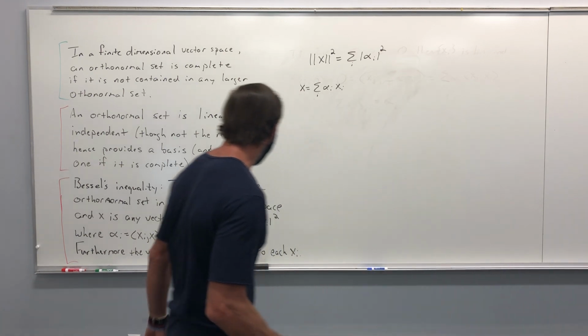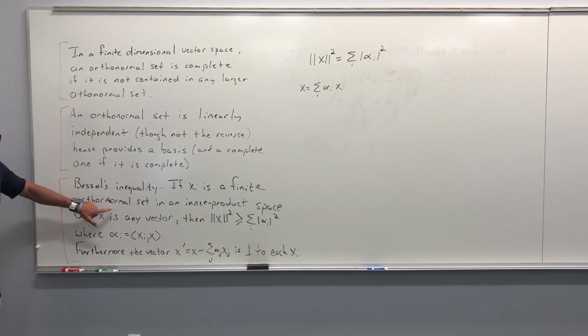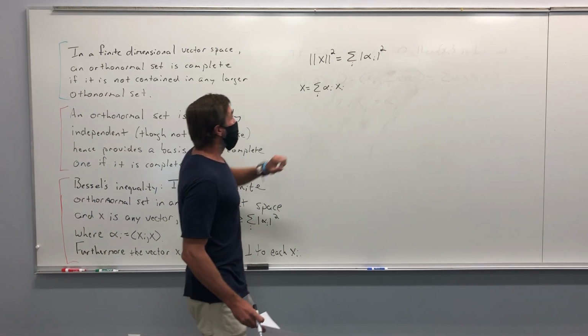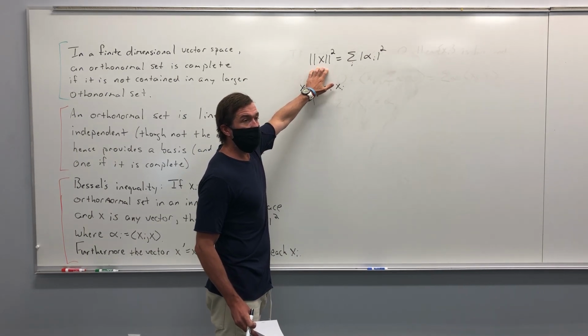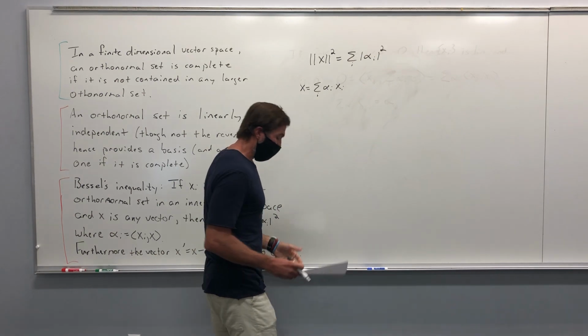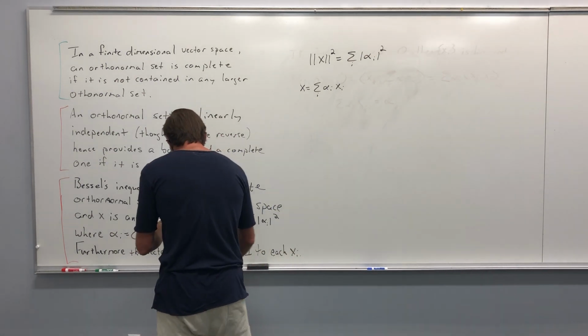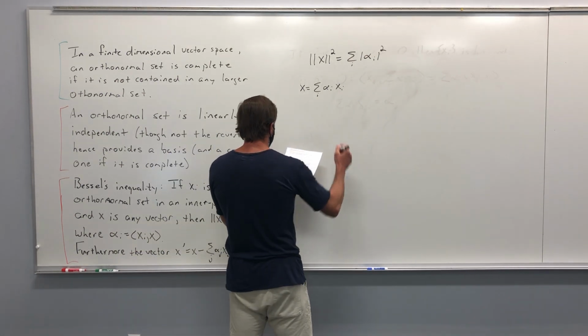But anyway, the point is this is not a complete set. This is just an orthonormal set. I didn't say anything about it being complete. Obviously, if it's an incomplete set, then this is not going to hold. All right? So what we can say is the following.